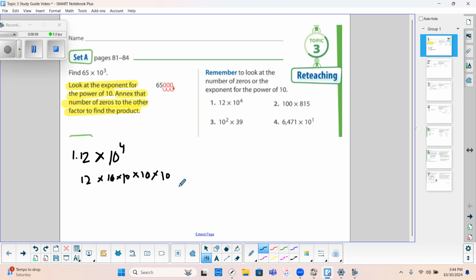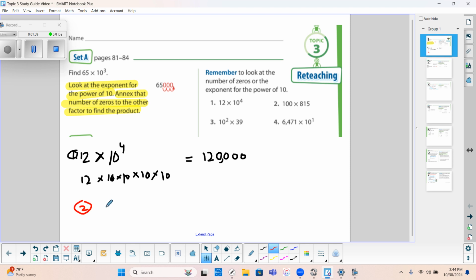So every time I multiply by 10, it's like adding a zero to the end of your place value. So 12 times 10 to the fourth is the same as taking 12, multiply that by 10, adds a zero, multiply that by another 10, adds a zero, multiply a third 10, adds a zero, multiply it by 10, adds a fourth zero, so you have 120,000 as your answer.